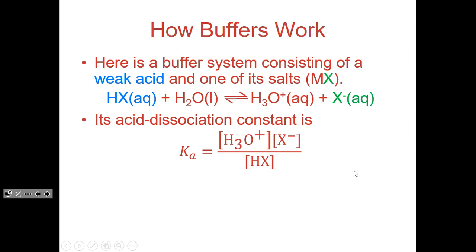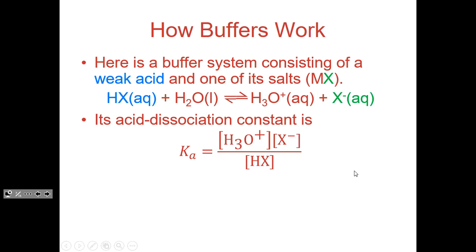But it's an equilibrium system from this equilibrium reaction, so this is still going to be true. After I add the MX to generate more X minus, yes, that's going to knock me out of equilibrium, but eventually I'm going to get back to equilibrium, and at that point I'm still going to equal Ka through this expression. So the equilibrium expression for the Ka of this acid system would be this.